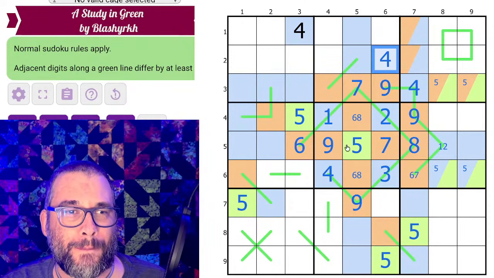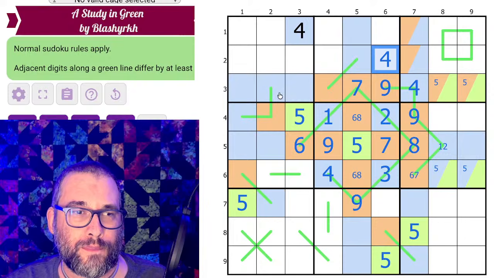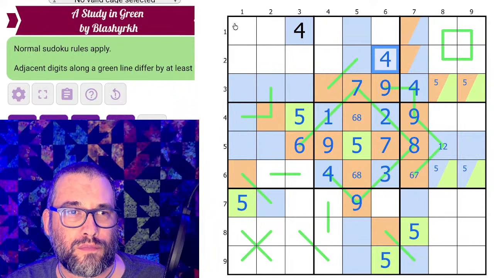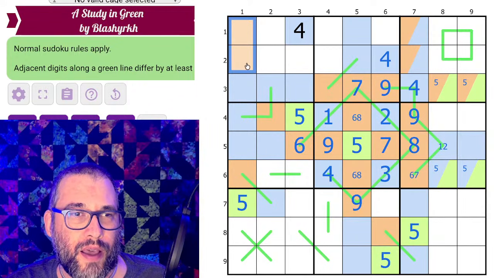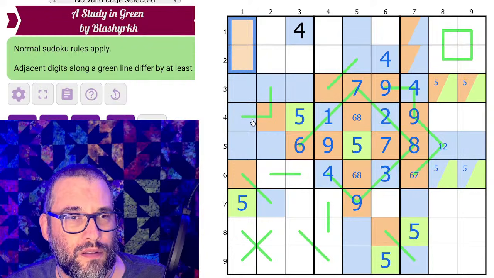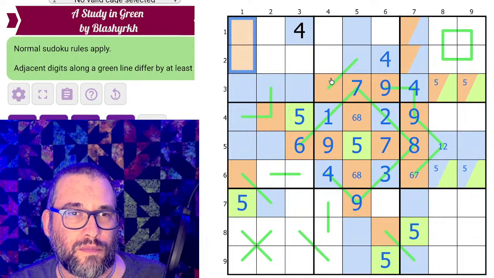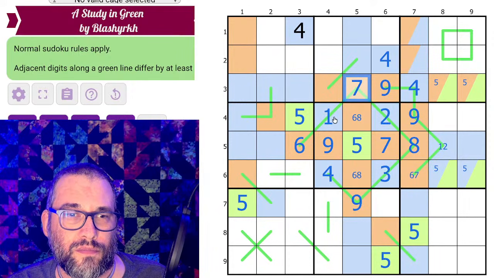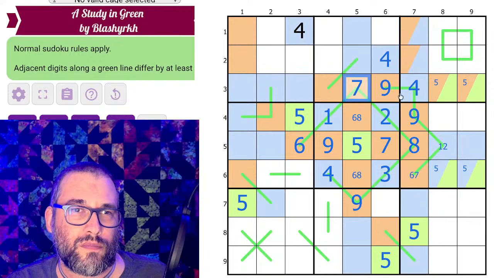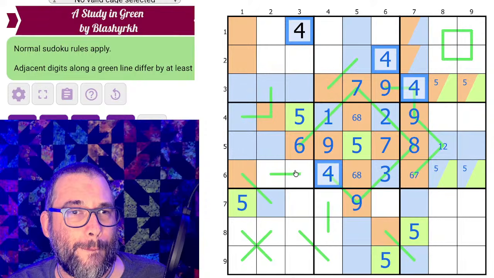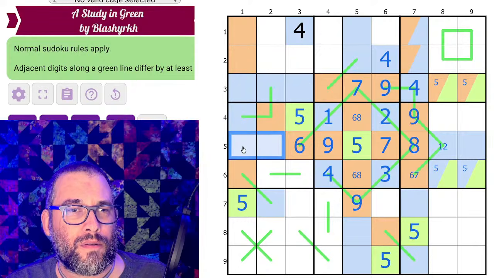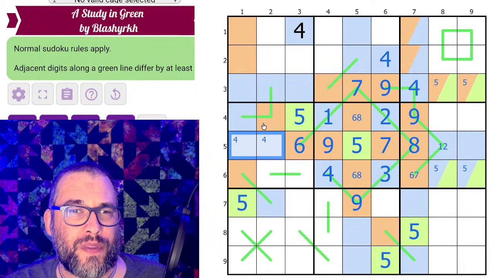Okay. Yeah, we know these to be high. Okay. 4 in box 4 is going to have to be one of these two.